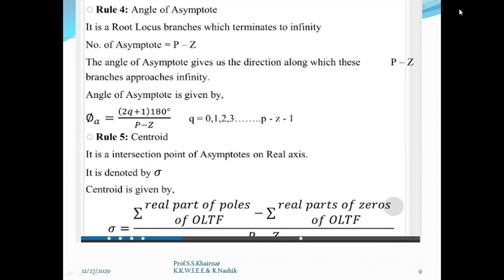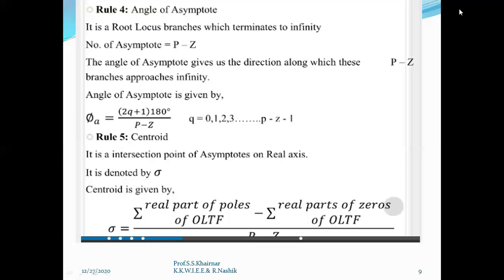Okay. Suppose our G(s) is given as K into s plus 6 divided by s into s plus 2 into s plus 5. Again, it is a unity feedback system, means H(s) is equal to 1.